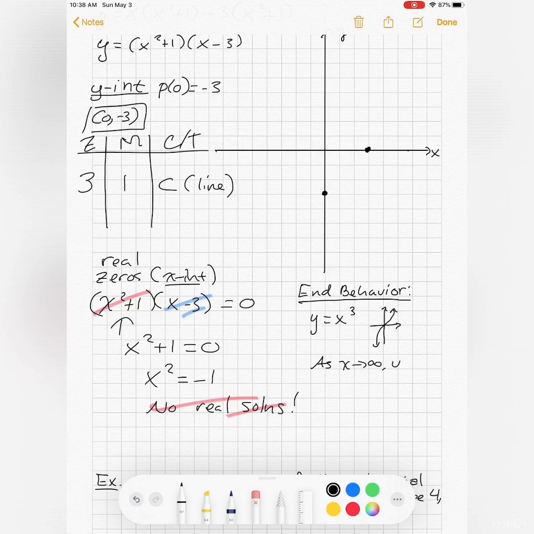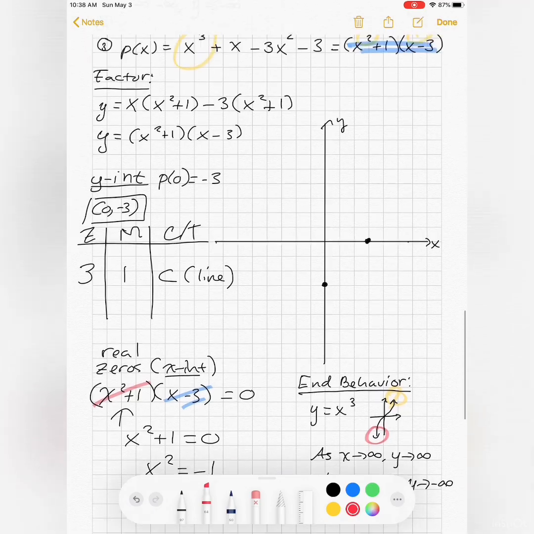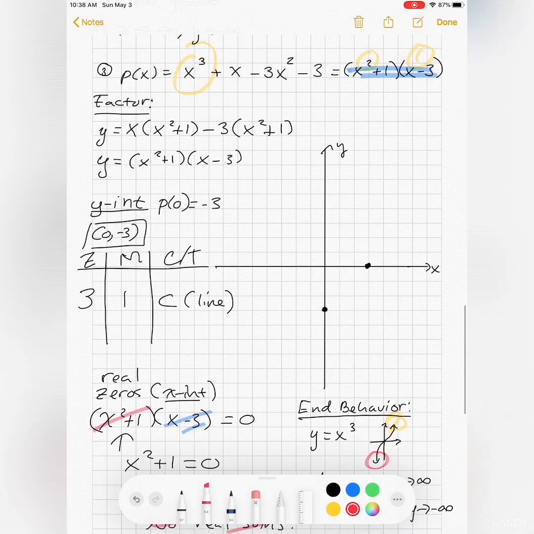As x goes to infinity, y goes to infinity. As x goes to negative infinity, y goes to negative infinity.